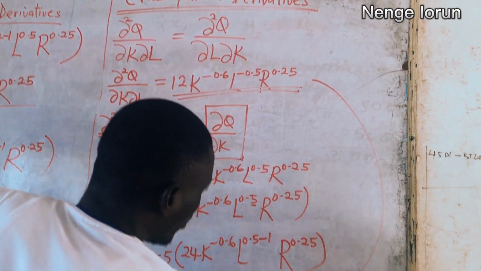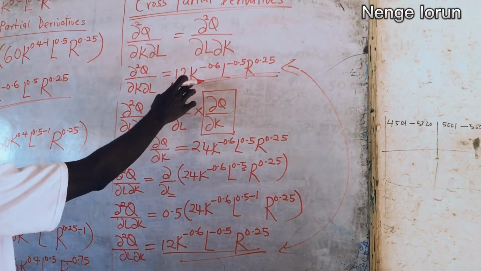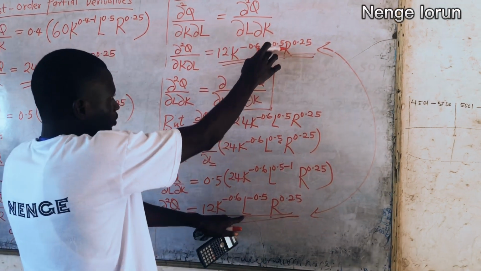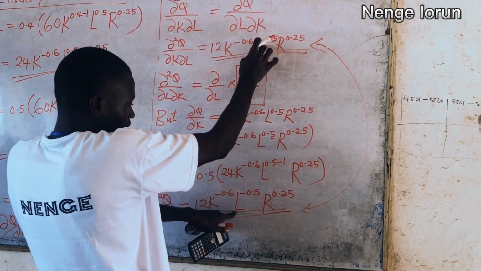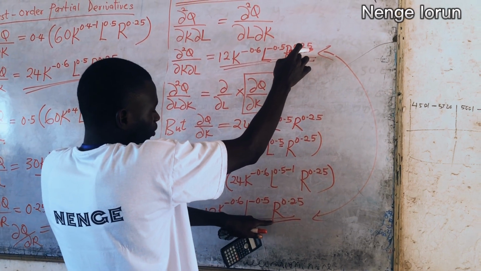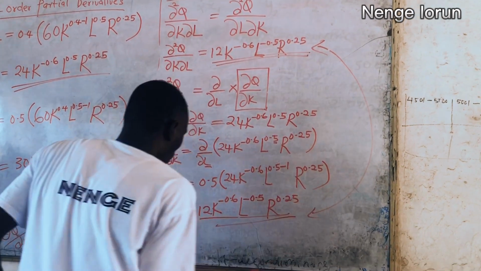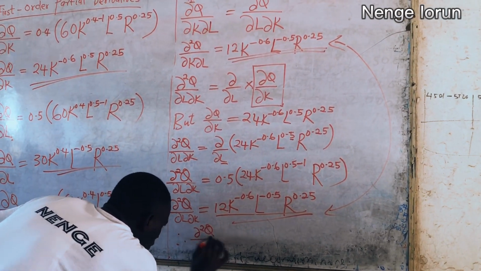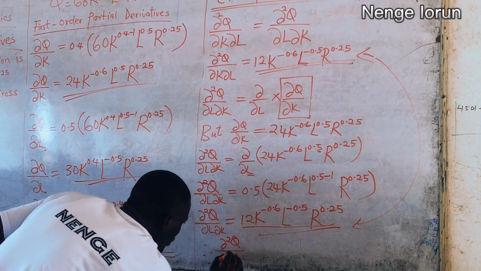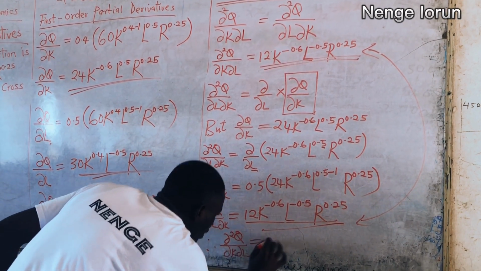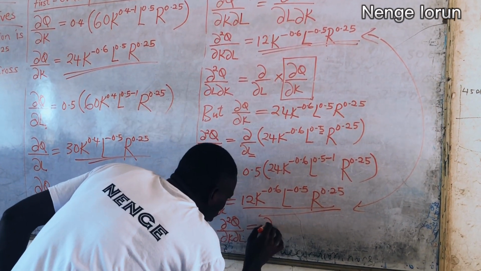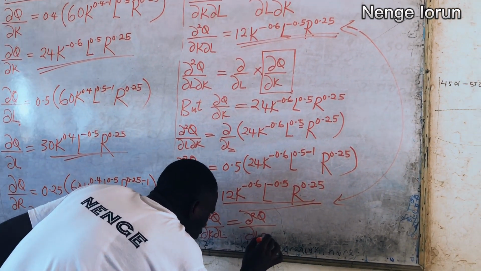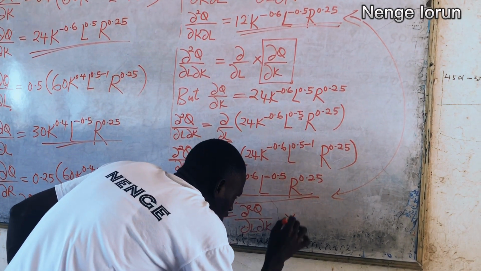They are equal. You have 12k to the power of minus 0.6 as what is here, and L to the power of minus 0.5, R raised to the power of 0.25. Therefore, the cross-partial derivative of q with respect to k with respect to L is equal to the second order cross-partial derivative of q with respect to L with respect to k. This thing is true.